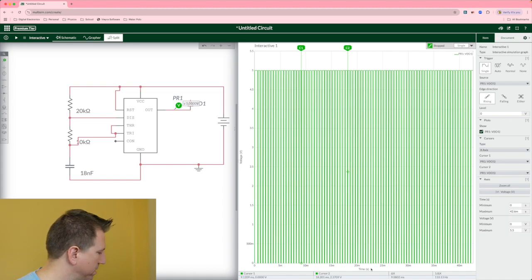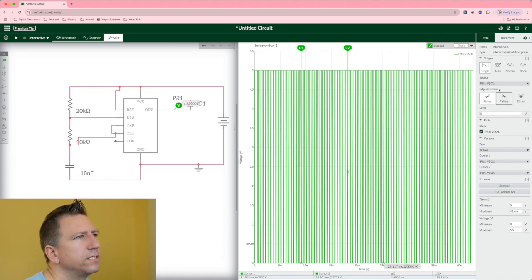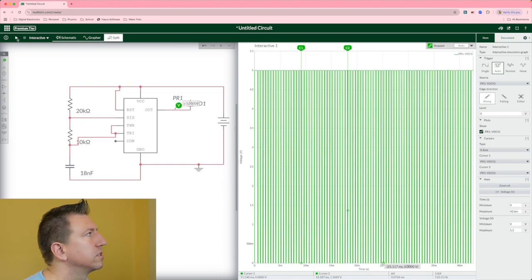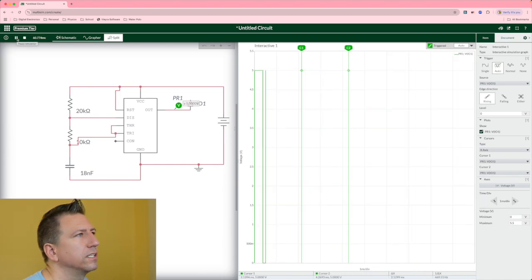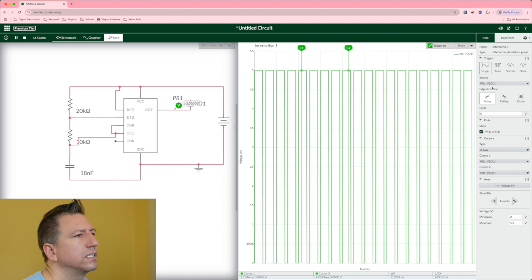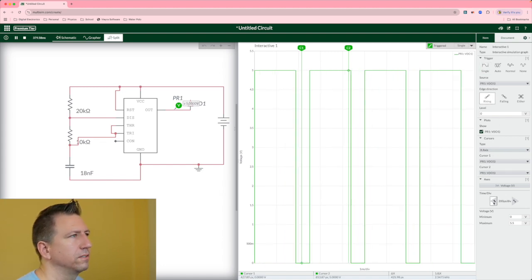Sorry about this. I swear I had a control that allowed me to adjust this. Let's try if we change it. Okay. Oh, it's because it wasn't running. All right, there we go.